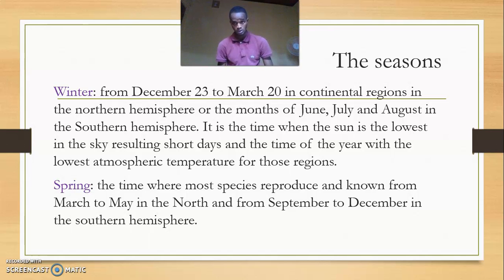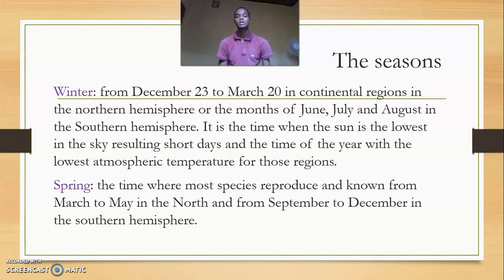So at that time, you will notice that the days are shorter than the nights. Okay? And as far as temperature is concerned, at that time the atmosphere is really cold in certain regions of the southern hemisphere.